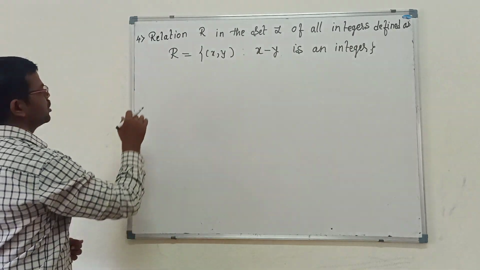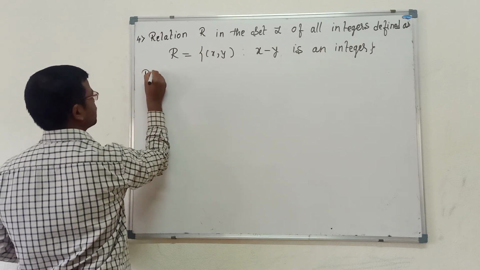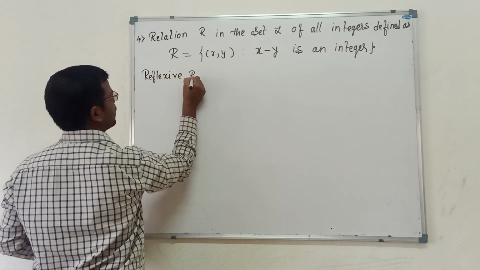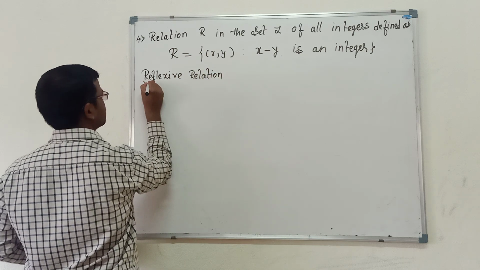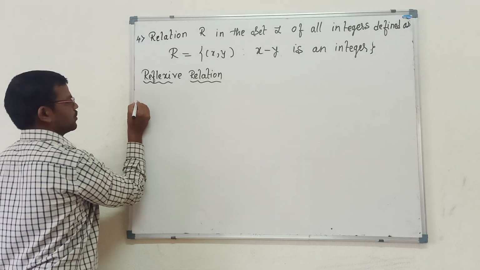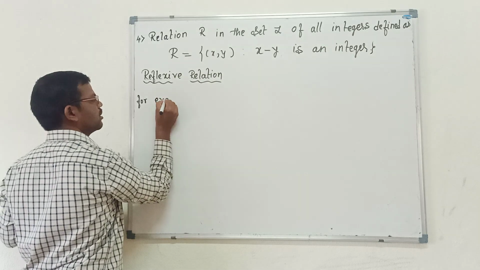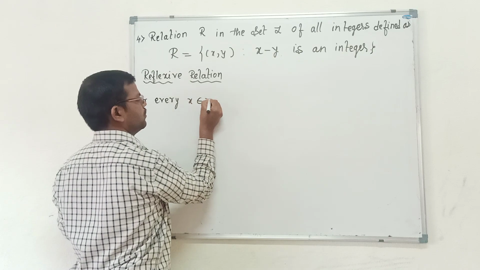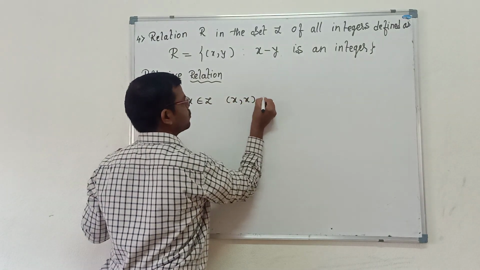So firstly we move to the reflexive relation. For every x belongs to Z, meaning x is an integer, we have to check whether (x, x) belongs to R or not.